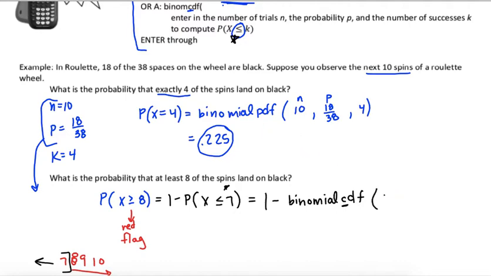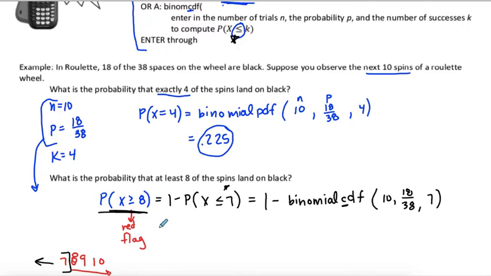And then I put in my commands, 10, 18 out of 38, and now I have 7. The most frequently missed thing is not changing this from 8 to 7 and not subtracting. So we had to fix this. This is our question we're addressing, but if we want to use our calculator, we need to adjust for that.